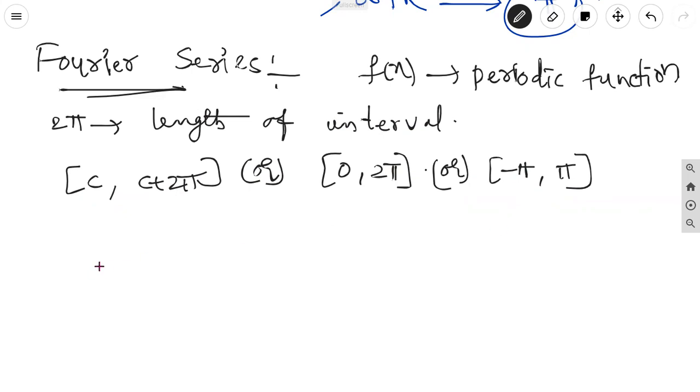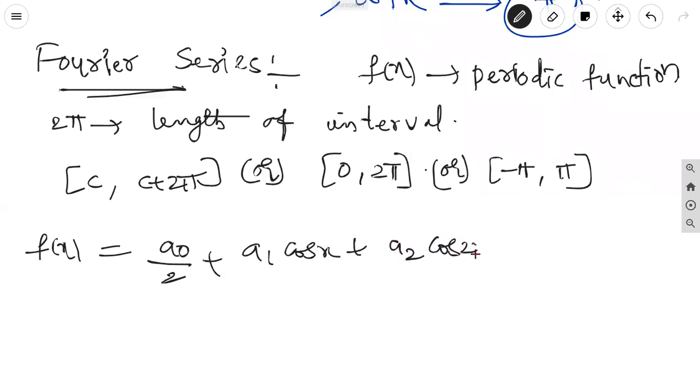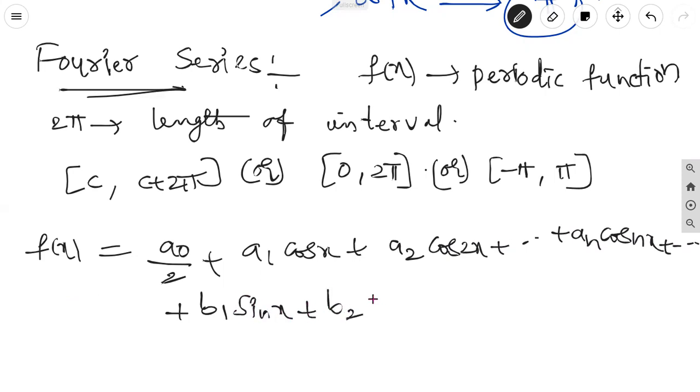It can be expressed in the form f of x equal to a naught by 2 plus a1 cos x plus a2 cos 2x plus so on plus an cos nx plus so on, plus b1 sin x plus b2 sin 2x plus so on plus bn sin nx plus so on.